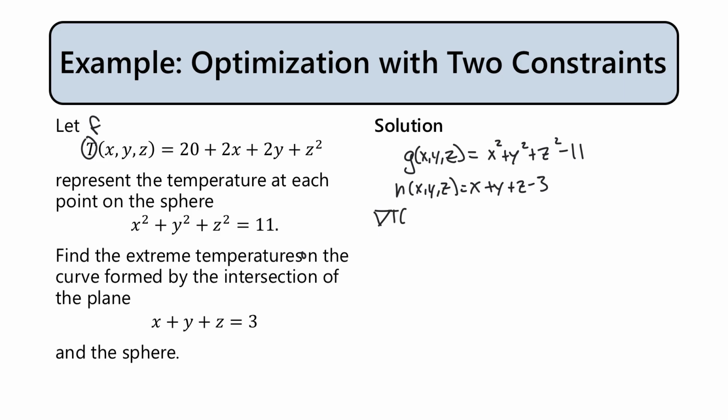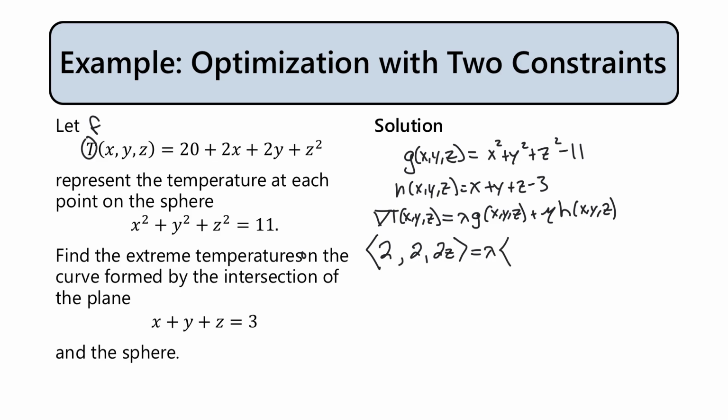So gradient of t, x, y, z, is going to equal lambda g x, y, z plus mu h x, y, z. So for x, it's going to be 2, and then 2, and then for the z position, 2z is equal to lambda times, and then for g, it's going to be 2x, 2y, 2z plus mu, and then for h, it's going to be 1, 1, and 1.